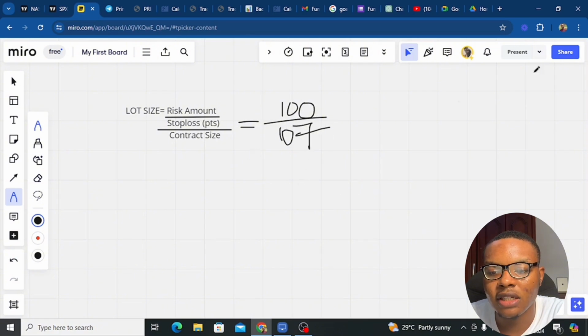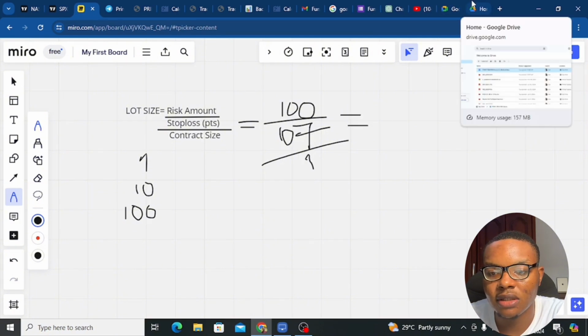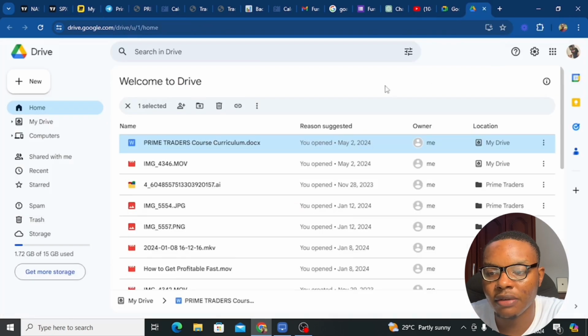And remember we said we're going to be doing contract sizes for 1, for 10, and for 100. So we'll be dividing by the contract size, which is basically first 1. So if we take up our calculator, let's see what we have.